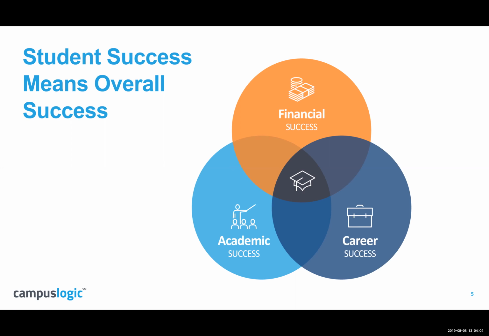But when you look at overall success, there are really powerful drivers of what makes a student successful in terms of their financial success and ultimately the outcome of their education being career success. And so we believe that by focusing or investing in student financial success, you can drive overall outcomes.